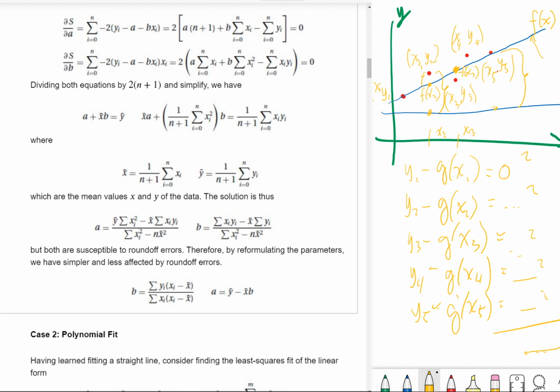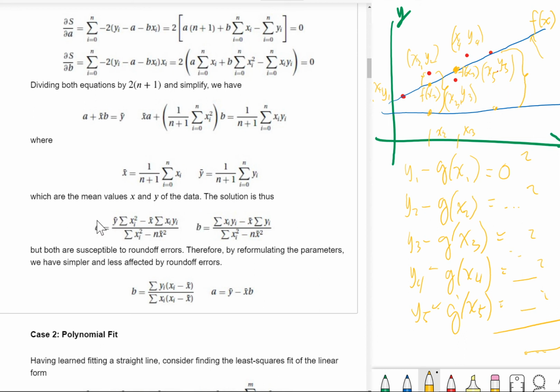Okay, so now therefore by simply using the above equations, you can derive the coefficients a and b, respectively. Now these both equations, because our goal is to find the coefficients such that we can construct a linear function that can fit the data points.